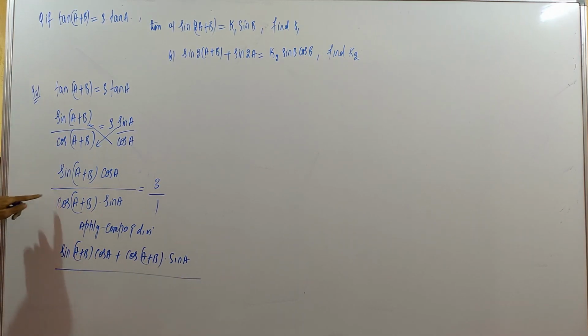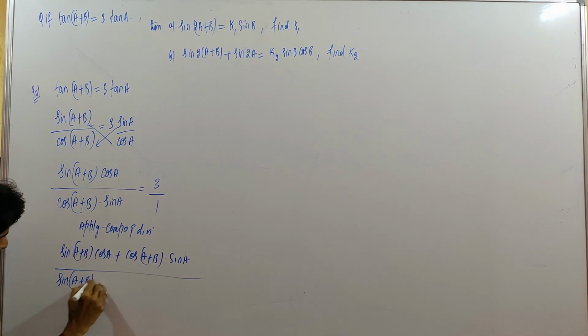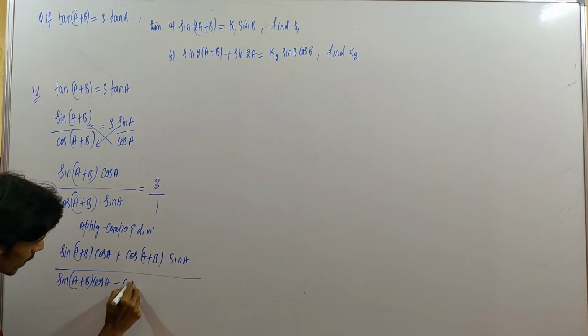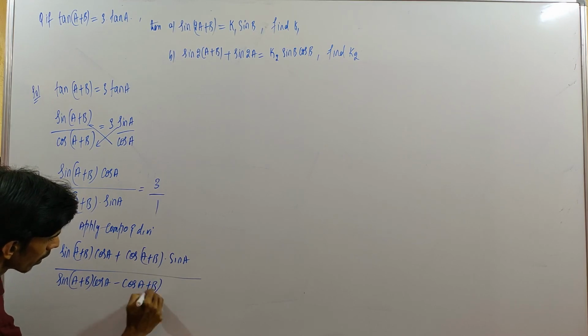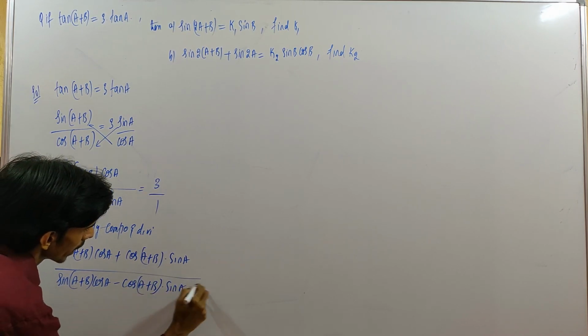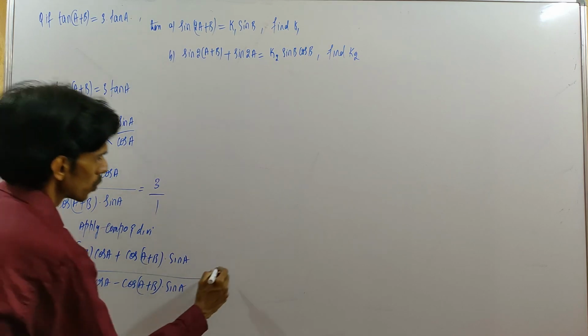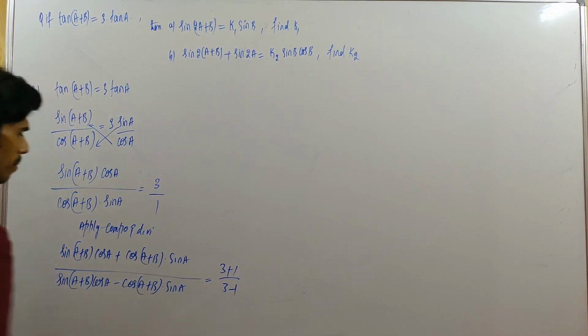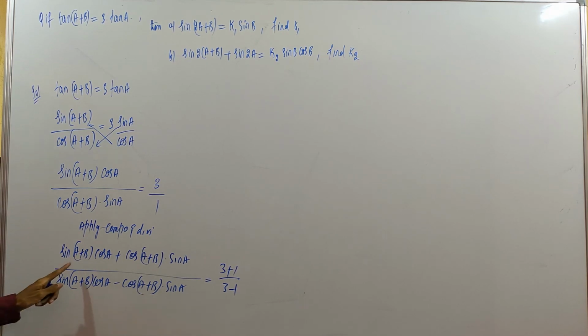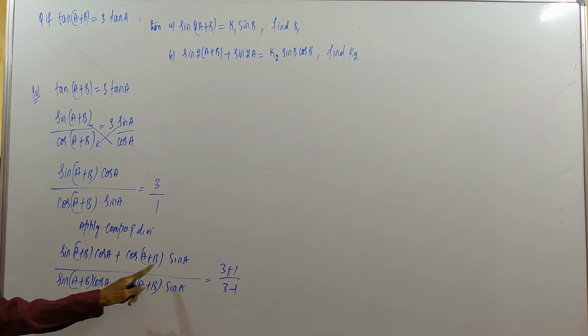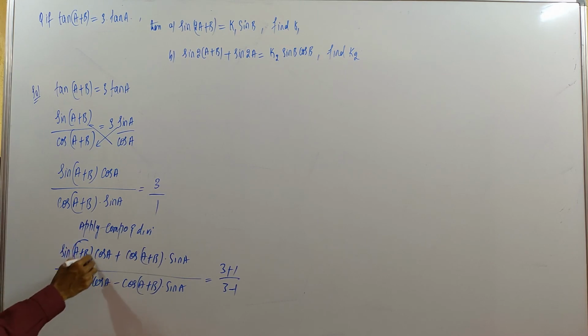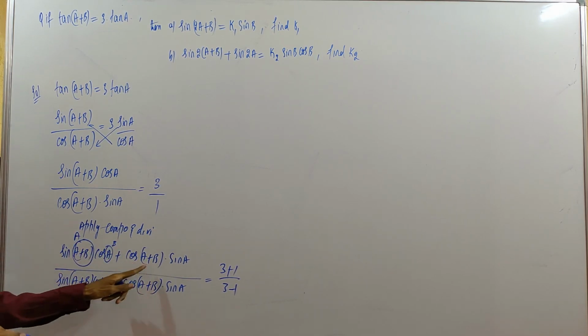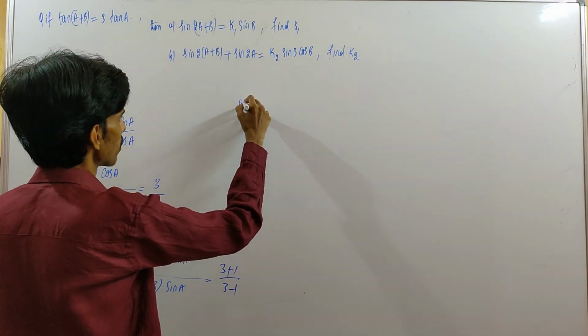Adding these two, now subtract these two: sin(a plus b) cos a minus cos(a plus b) sin a, divided by, 3 plus 1 divided by 3 minus 1. This is in the form of sin A cos B plus cos A sin B. So treat this as A, this is B. Sin A cos B plus cos A sin B, formula will be sin(A plus B).